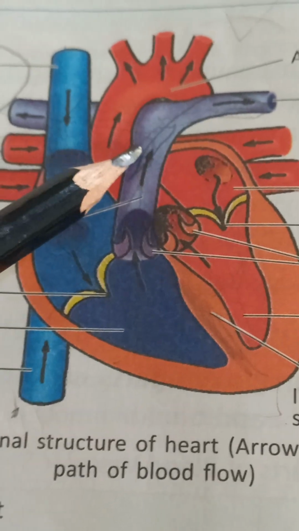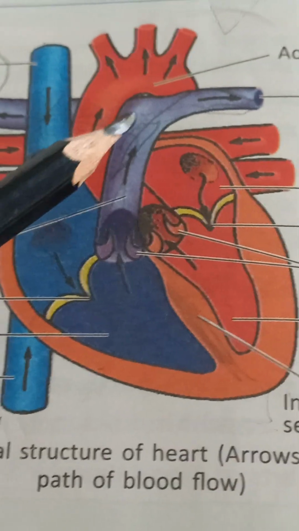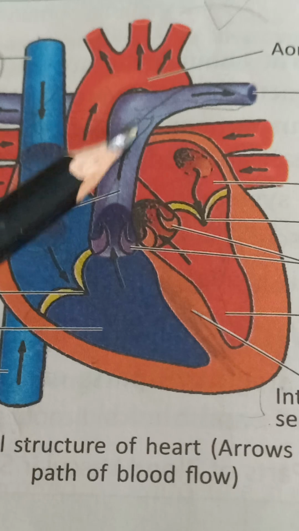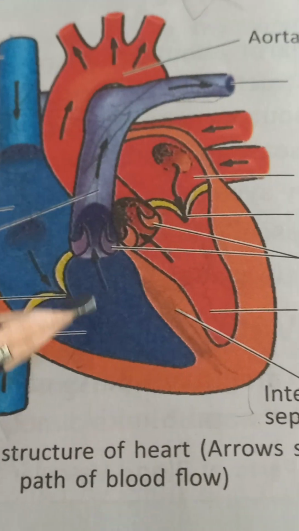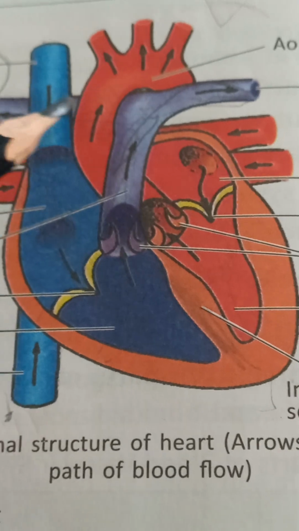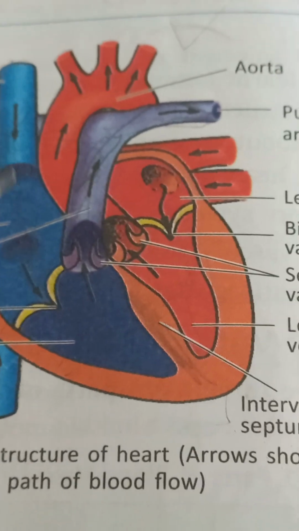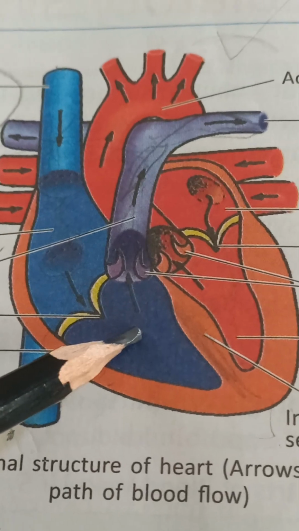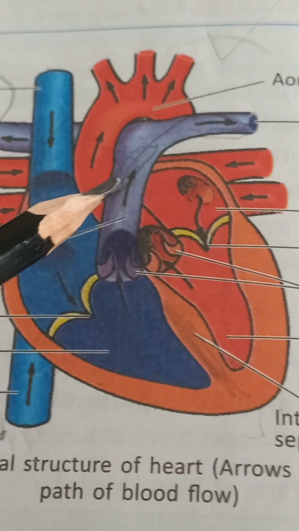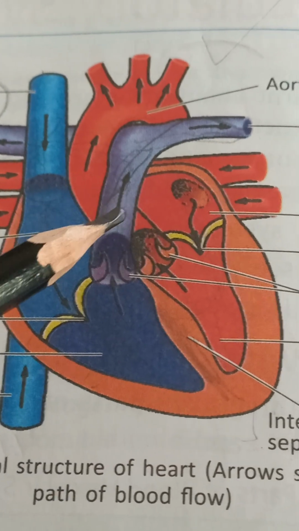What does this mean? This means that they are going to enter the two lungs. The pulmonary artery, after arising from the right ventricle, enters the two lungs. Why? Because the blood is deoxygenated and in the lungs oxygen is present, where it will get oxygenated.